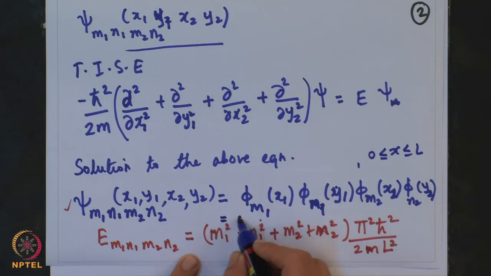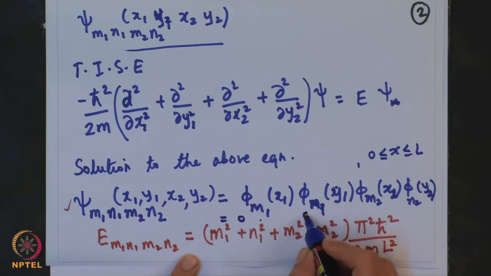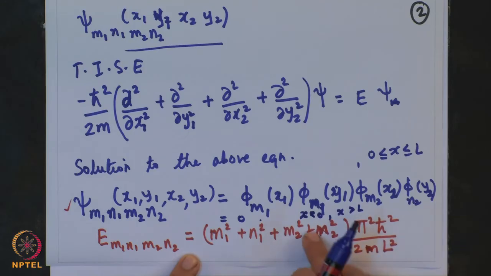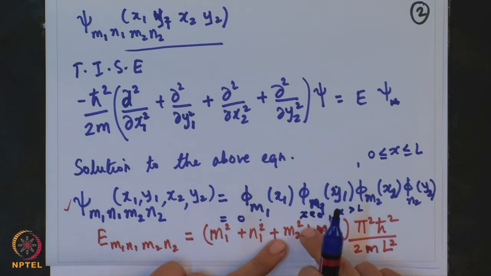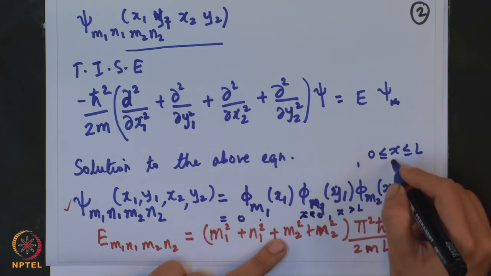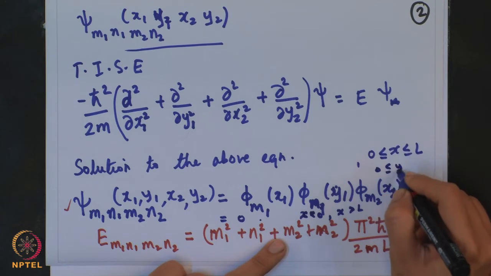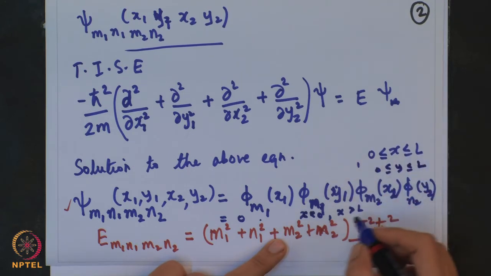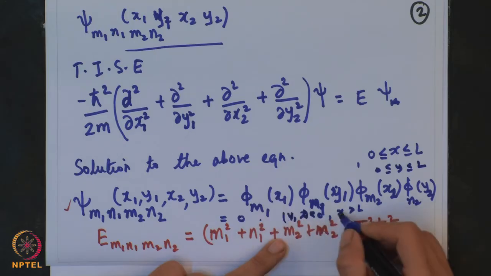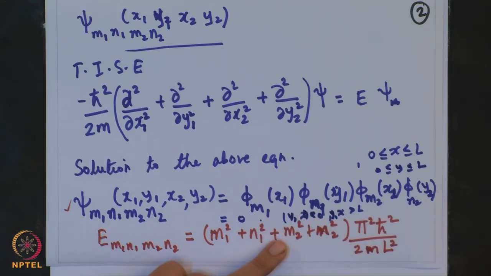However, this wave function would be 0 for x less than 0 and x greater than L. This is the same condition which we have for the particle in a box. In this case it is x and y both, so this will be the same for y also.